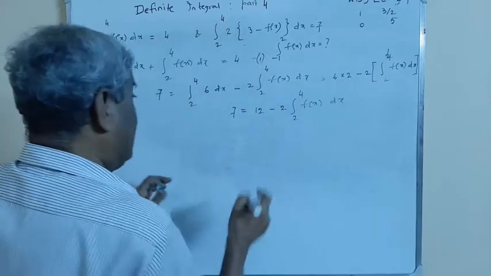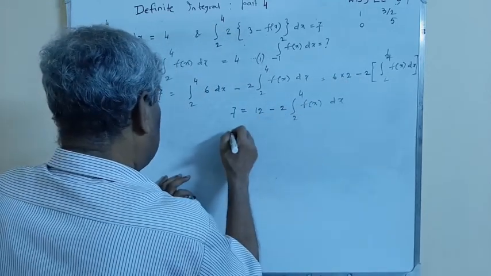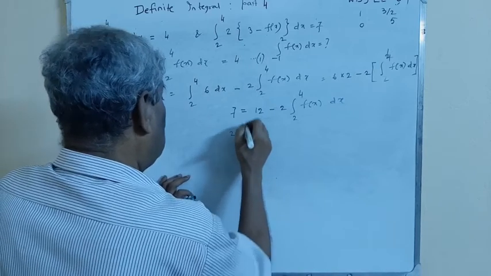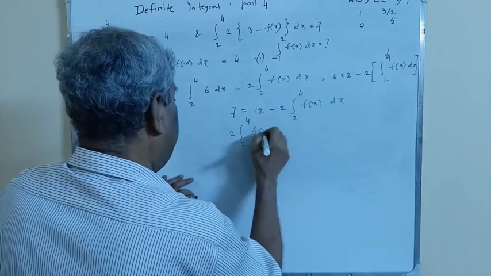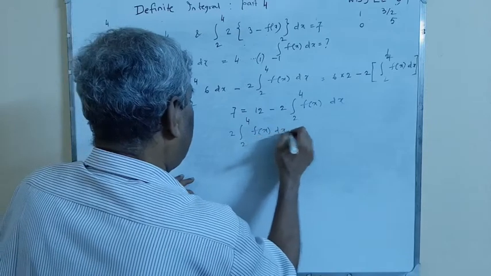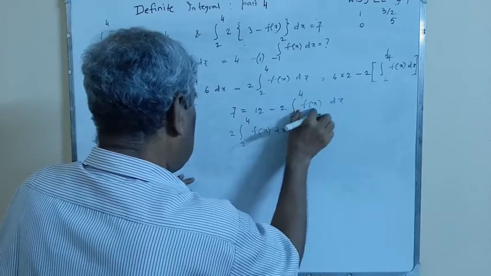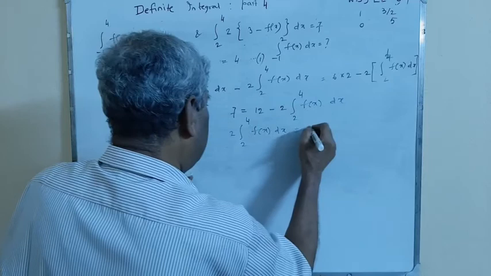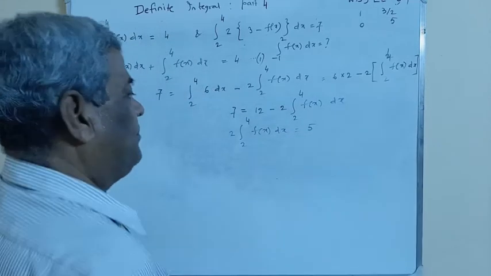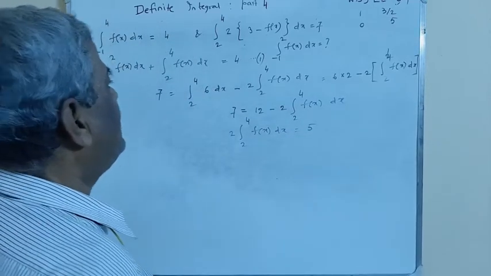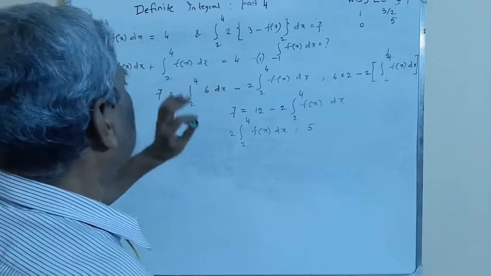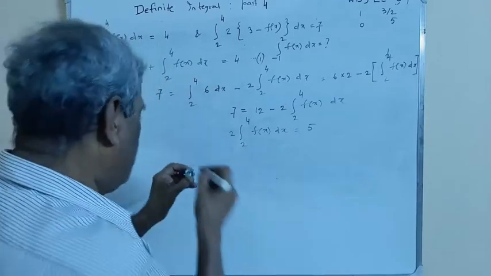That is, we get the integral from 2 to 4 of f(x) dx is 5 by 2. Now put this value in equation number 1.